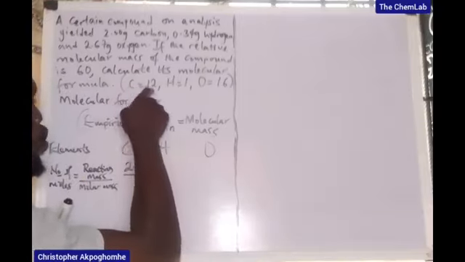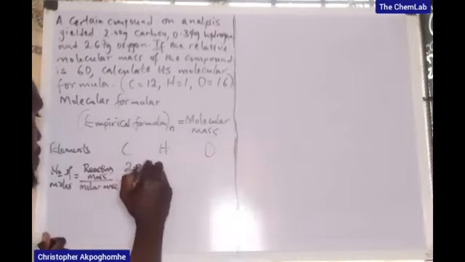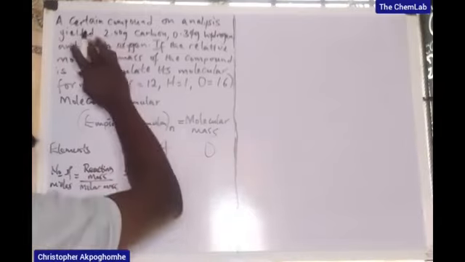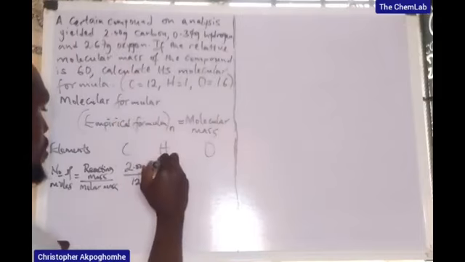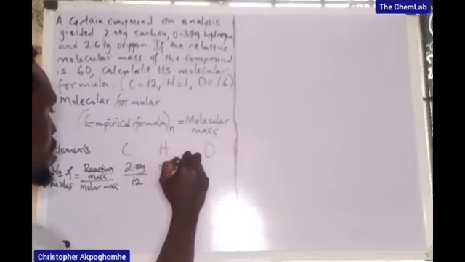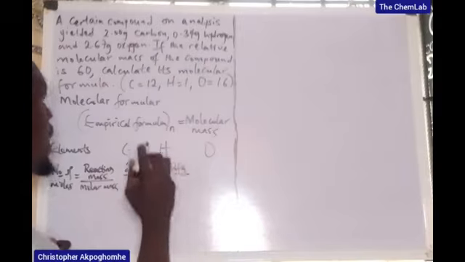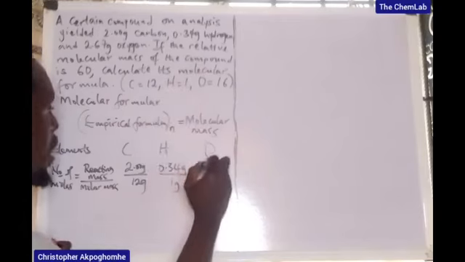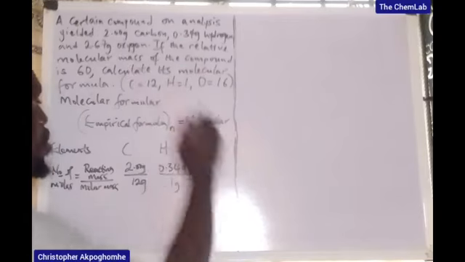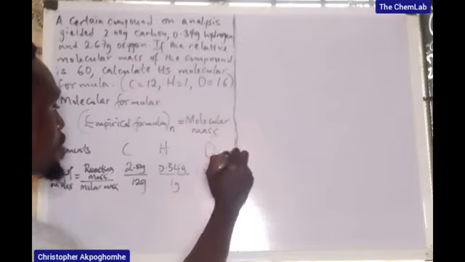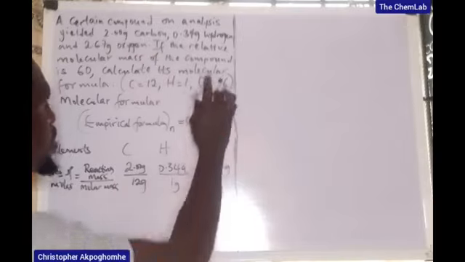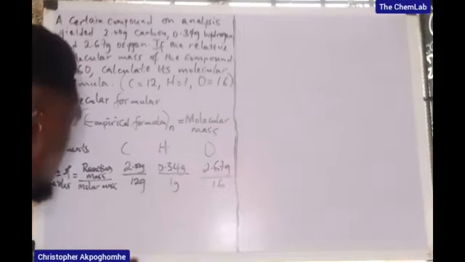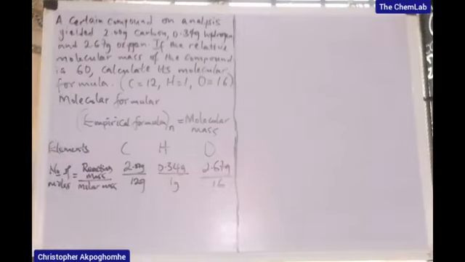C, carbon equals 12. So we have over 12. Then hydrogen is 0.34 over 1. And then oxygen is 2.67 over 16.